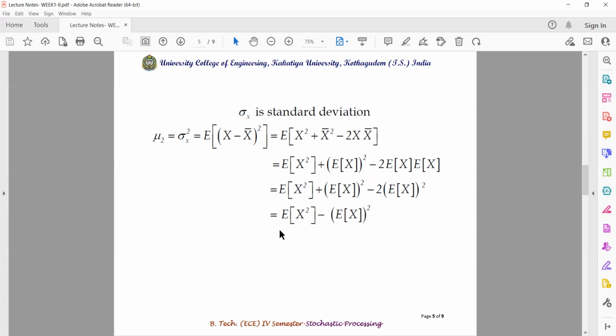So we can write this finally. Mu2, sigma x square, the second order central moment, also called the variance, is equal to expectation of x square minus expectation of x whole square. To be specific, we can write it as m2 minus m1 whole square. M2 is the second order moment about origin.